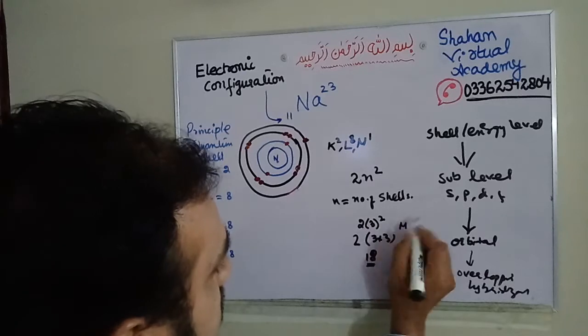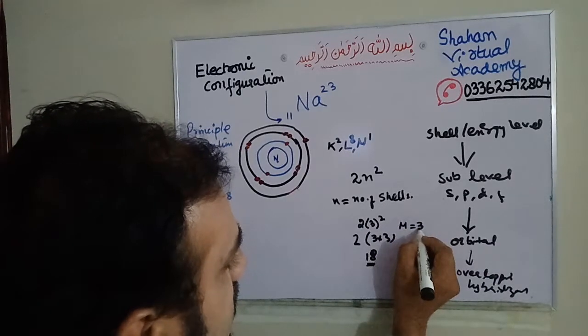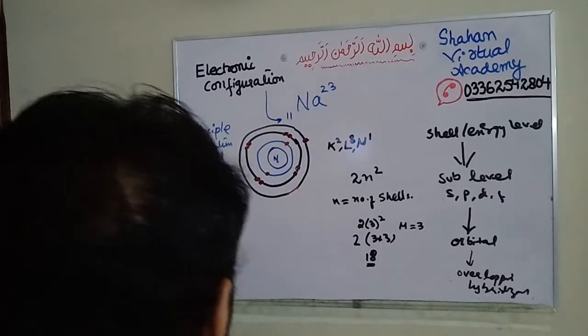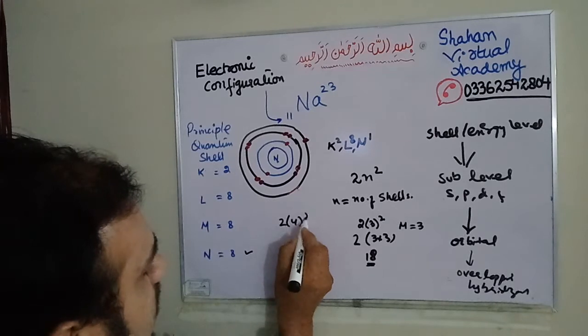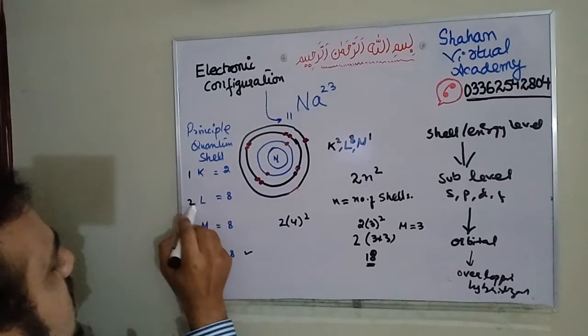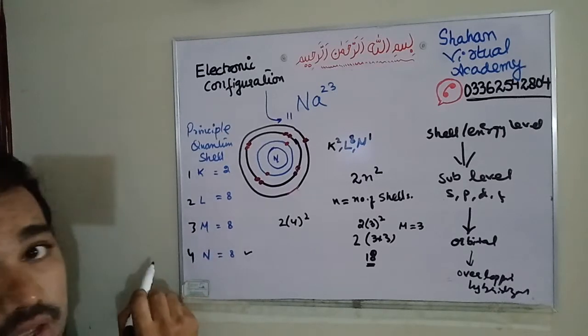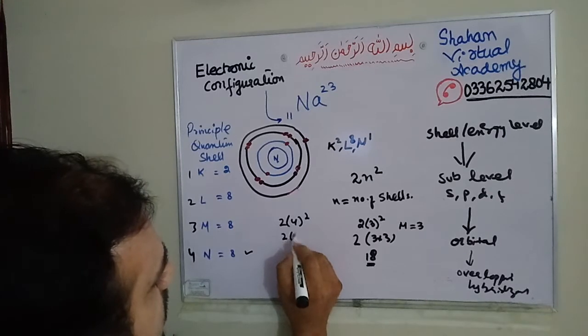Because it's the third shell, we talk about M. For the fourth shell, first, second, third, fourth, we put 4 squared, so 2 times 16 gives 32.